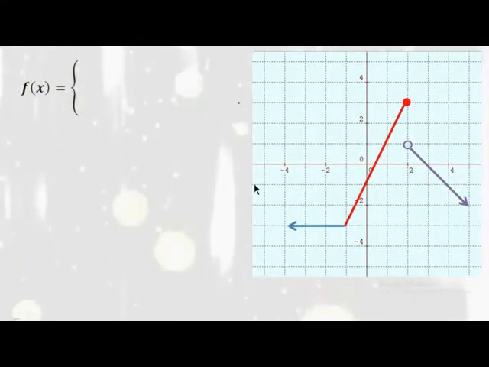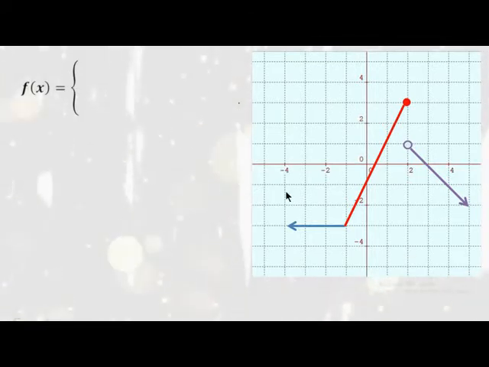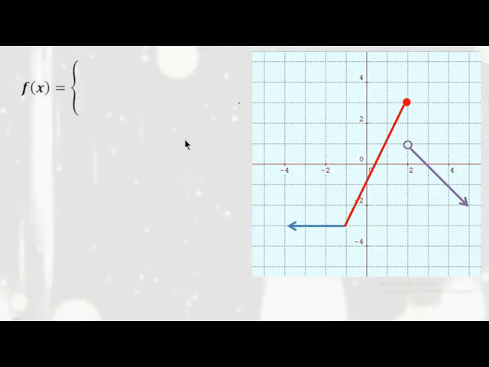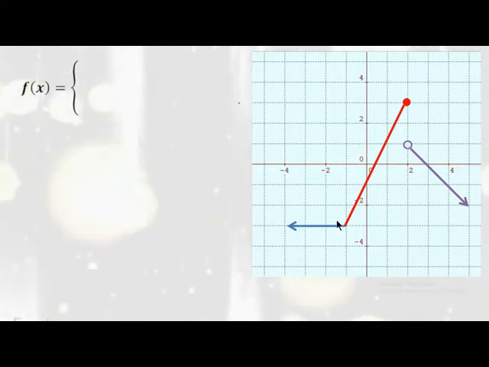How about this piecewise defined function? It also has 3 straight lines. So you have to define each domain and each equation. Let's assume this is the first one. As you can see here, this is also an arrow. It means the line doesn't finish here.